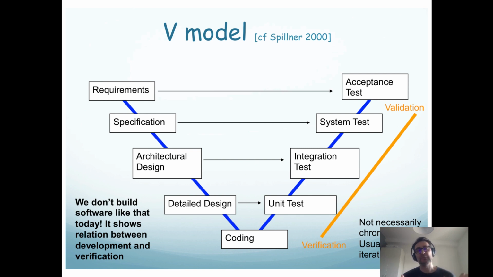So the typical view when people present this V model is to say that this is sort of an abstract process model. It's not how many companies work today, and that's often true. But it's still a model that some companies today use, especially in embedded systems and in safety critical software.